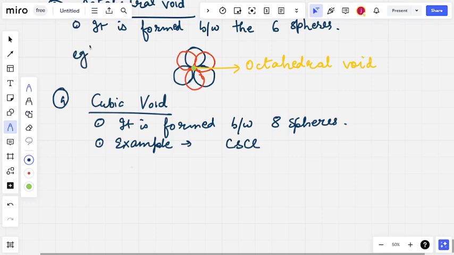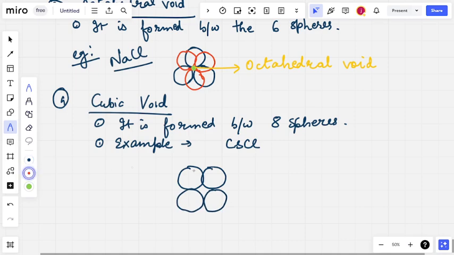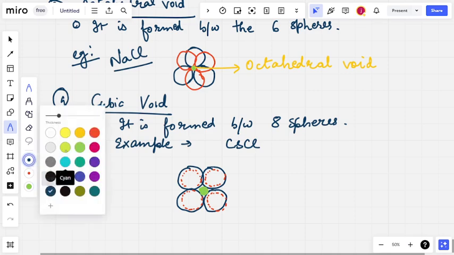And the example I had earlier was sodium chloride, NaCl. In cesium chloride, what do we have? These are the 4 spheres and then these are another 4 spheres. Now the void that is formed over here, this is the octahedral void.